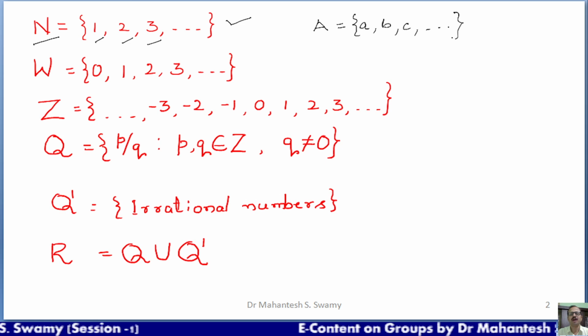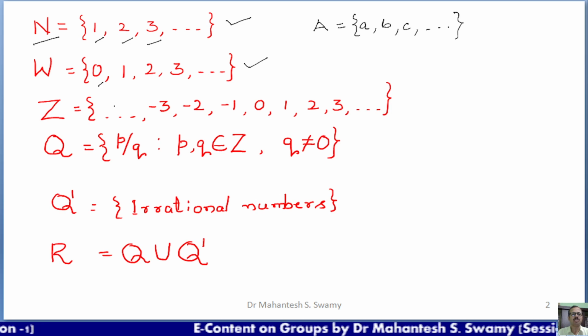In this way we can have the set of alphabets or a set of any well-defined objects. The collection of well-defined objects is called a set, and we also know what is meant by the set of whole numbers. It is very simple.